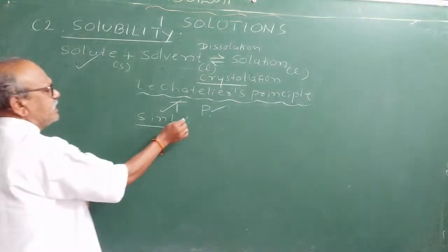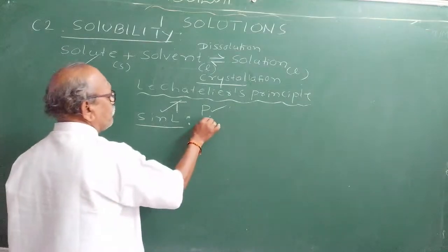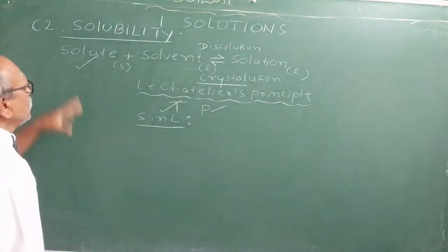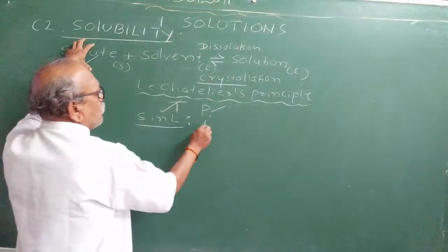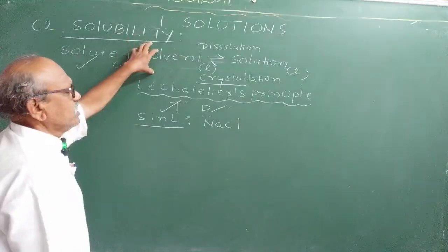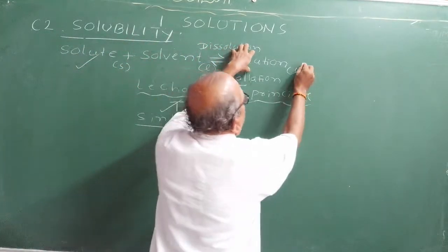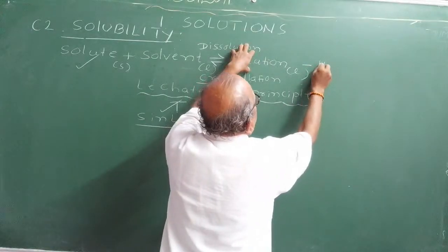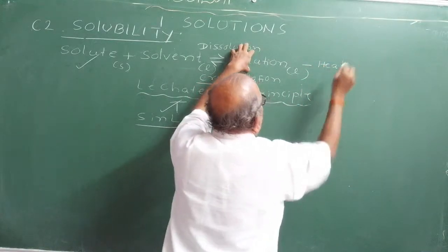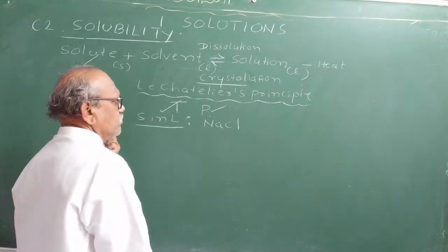In them we are considering particularly solid in liquid. What is the effect of temperature? Some solutes like sodium chloride, when dissolved in water, are endothermic in nature. Endothermic means heat energy will be absorbed.